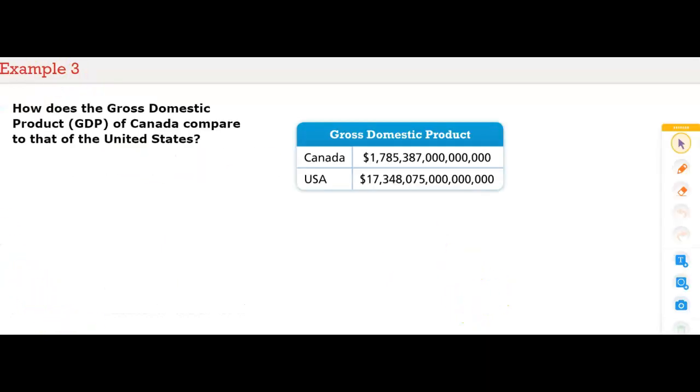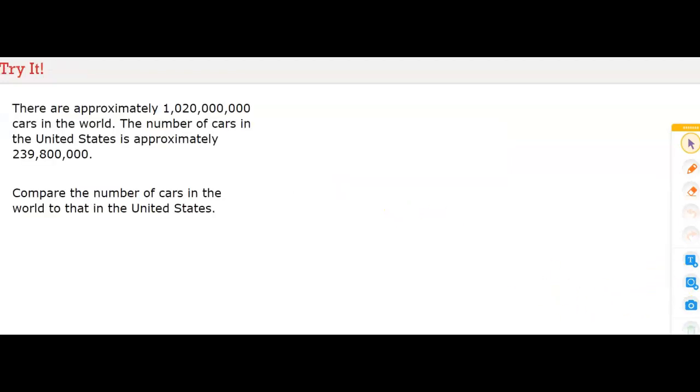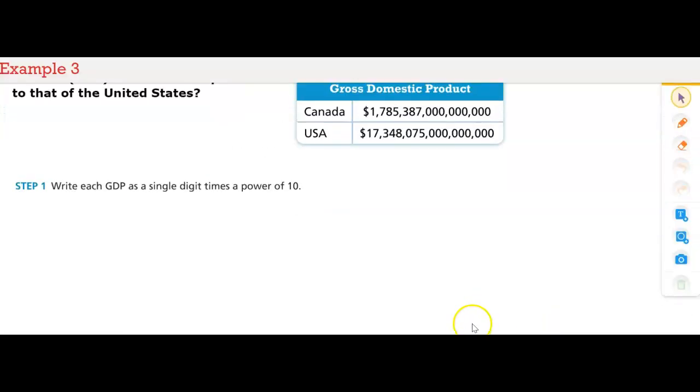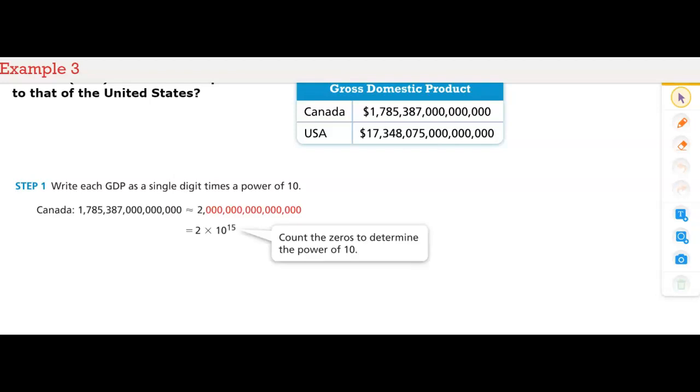How does the gross domestic product, GDP, of Canada compare to that of the United States? All right, so you have the gross domestic product values here. Step 1, write each GDP as a single digit times a power of 10. So you have Canada at 2, and then you add all the zeros.